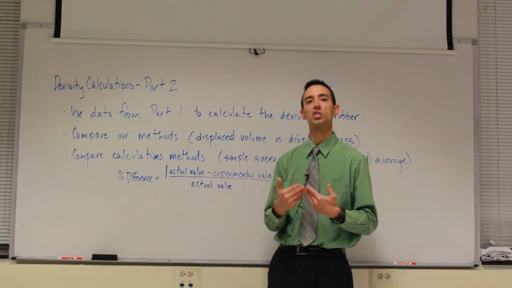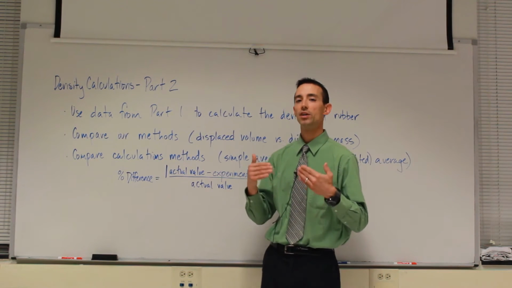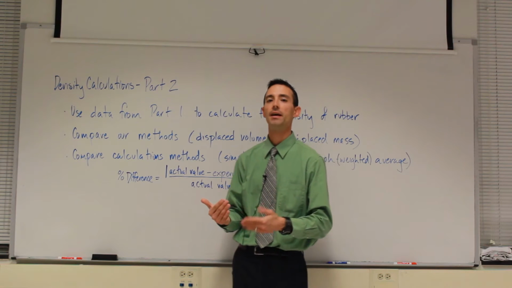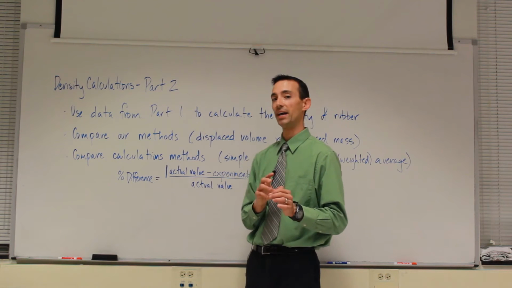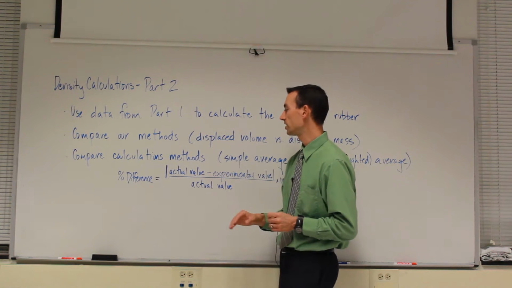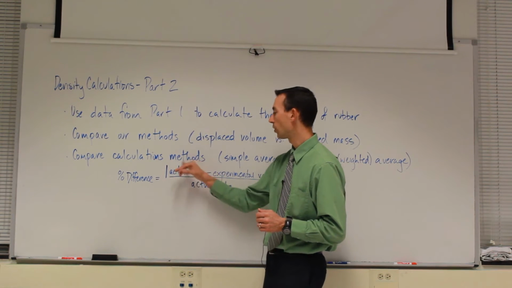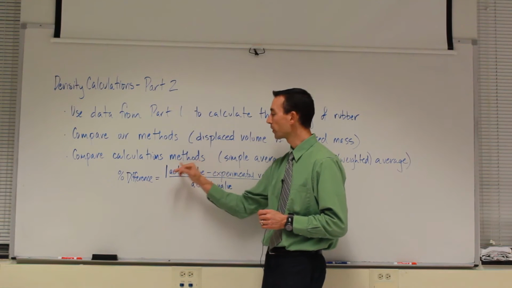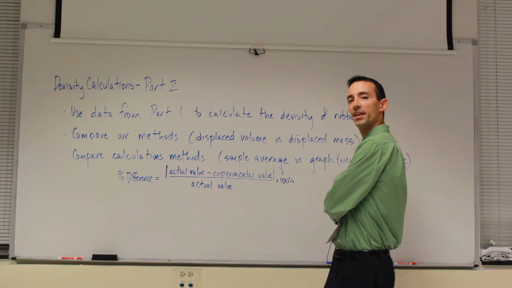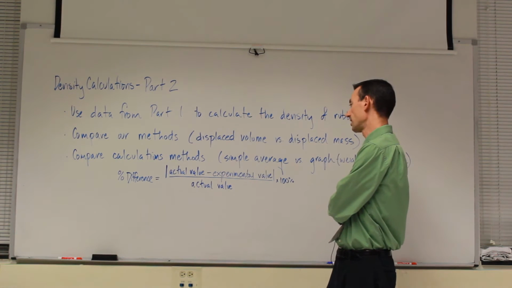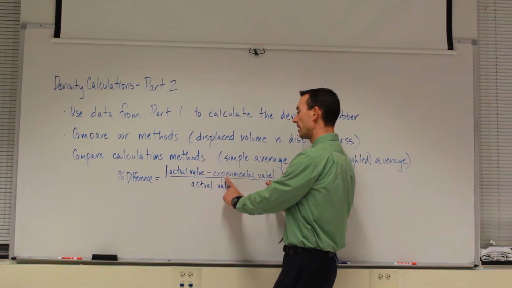Maybe you were measuring the speed of light, so we have the true value for the speed of light. But in a lot of experiments, you might be comparing two different methods. So one method would lead to what you would call the actual or the more realistic value. In our work today, that'll be the graphing value that we get for density versus an experimental value.